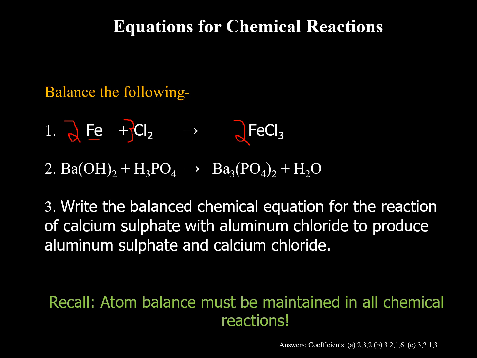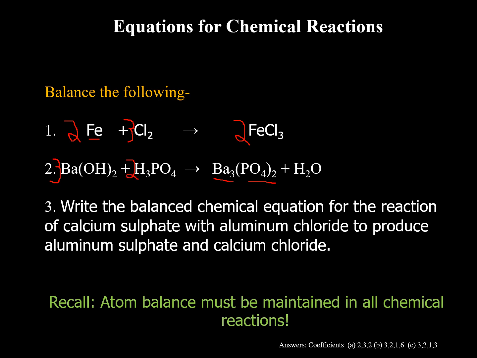In the case of number 2, barium hydroxide plus phosphoric acid gives us barium phosphate plus dihydrogen monoxide or water. The first thing we notice is there's 3 bariums on the right and only 1 on the left, so let's put a 3 here. We see 2 phosphates on the right. Let's put a 2 here to give us 2 phosphates on the left.